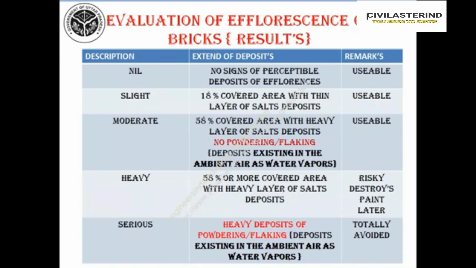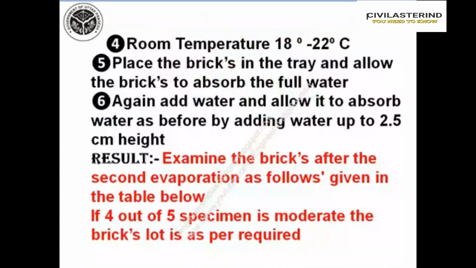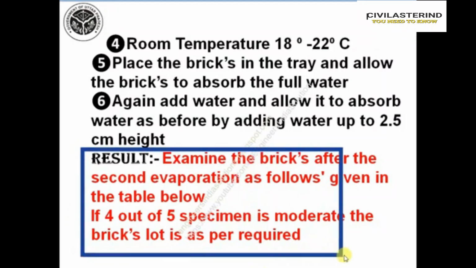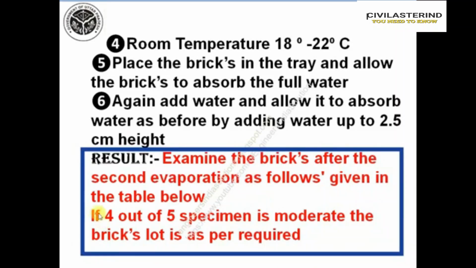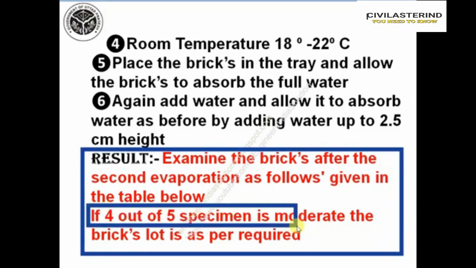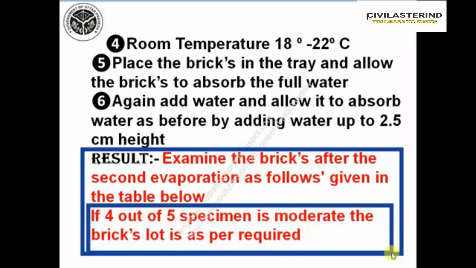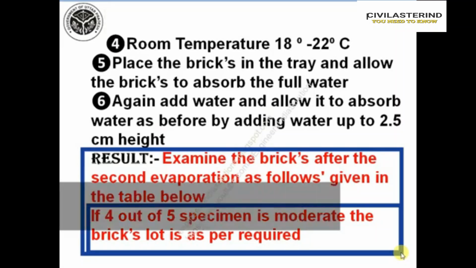As we had taken 5 bricks, so out of 5 bricks, the result has to be marked down as follows. 5 specimens were taken from the lot, and 4 specimens should not be above moderate efflorences.